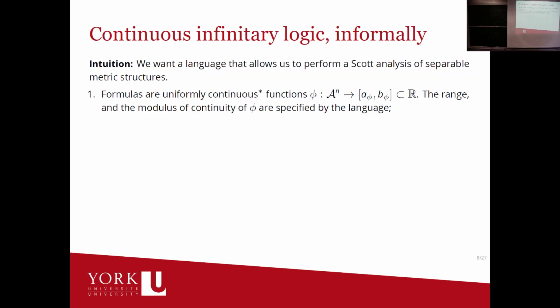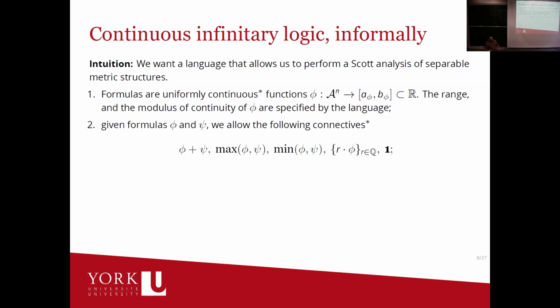So delta of the distance in X of x1, z1, all the way up to the distance in X of xn, zn. Okay, so this gives you a way to find deltas out of epsilons. And if you respect the modulus of continuity, you're uniformly continuous. So the way that works is my language gives me a modulus of continuity for all the basic symbols. And once you know those, you can construct them for any formula.